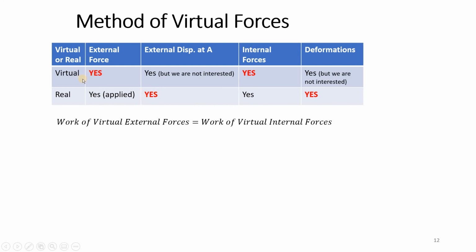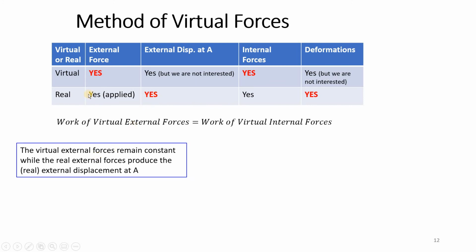This virtual load was already applied in the first step, and it remained constant, and then a new load, the real load, came in and produced this external displacement at A. So this virtual external force remains constant while the real external forces produce the external displacement at A, and of course that's the real displacement. Let me repeat this. These virtual forces remain constant while these real forces do the job. I mean, they produce the external displacement at A.